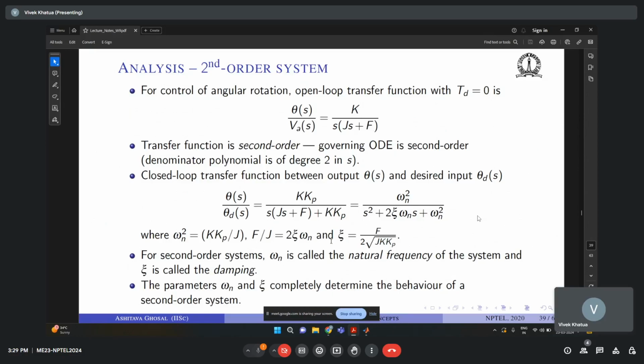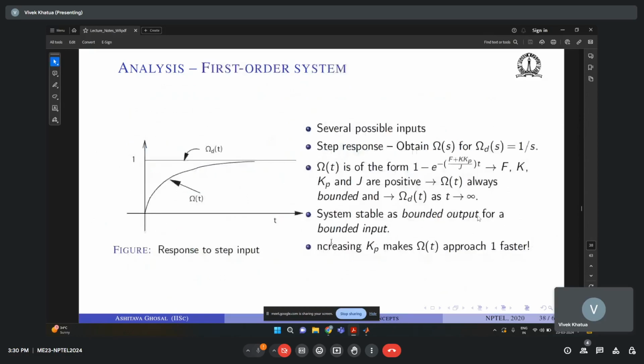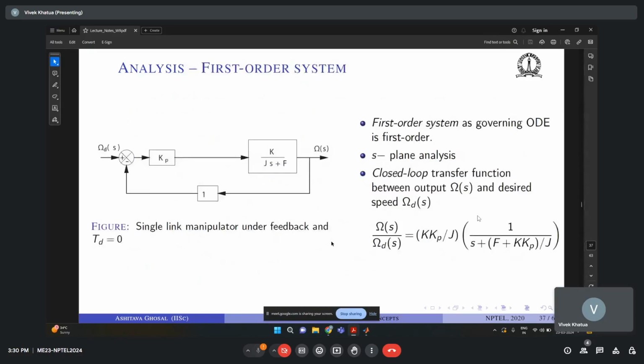I'll switch to my pen paper mode, and then we will see how you get that. But remember this structure. The sensor will always have a feedback which is 1 to 1. So whatever it gets as theta s, it will be given back to the system where it will compare.